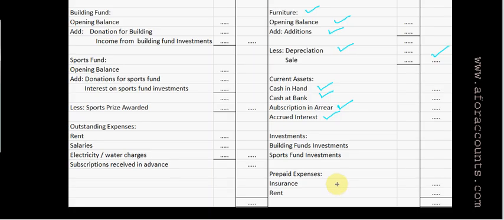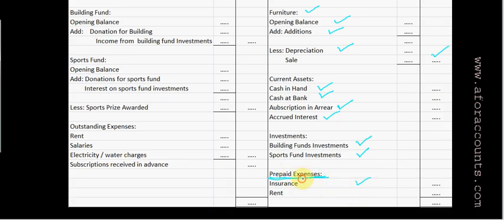Now investments: building fund investment, sports fund investment, any sort of investment. These are specific investments that need to be put in your assets column. Then prepaid expenses. We know that outstanding expenses are liabilities and prepaid expenses are assets. So prepaid insurance is your asset.